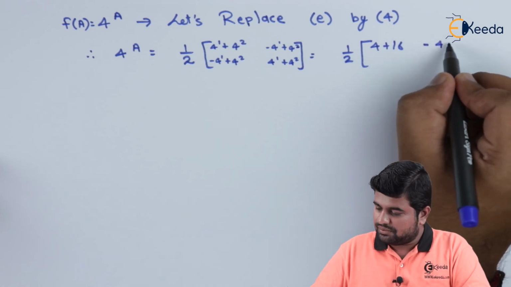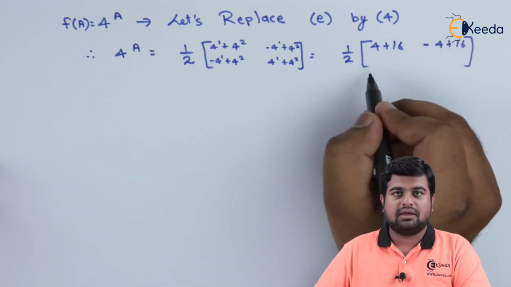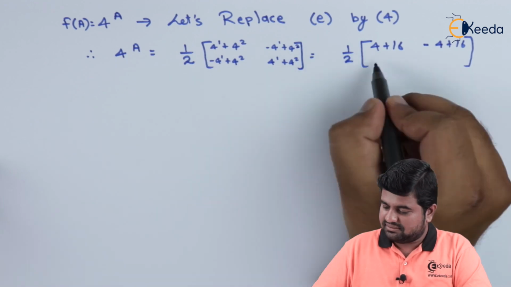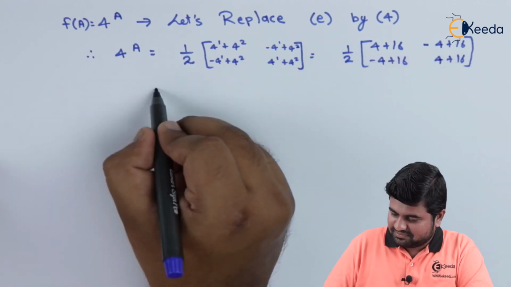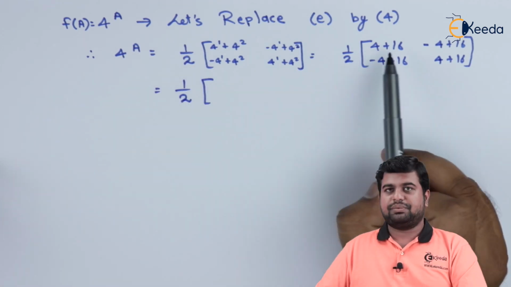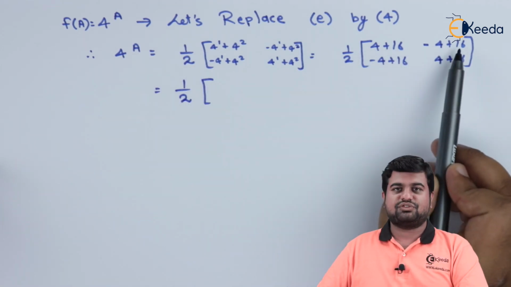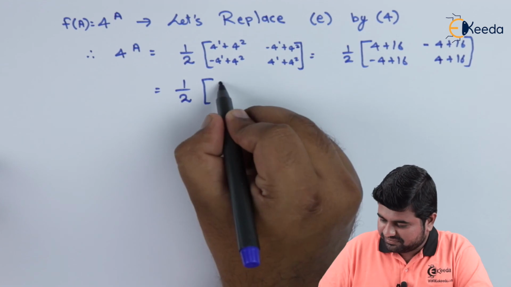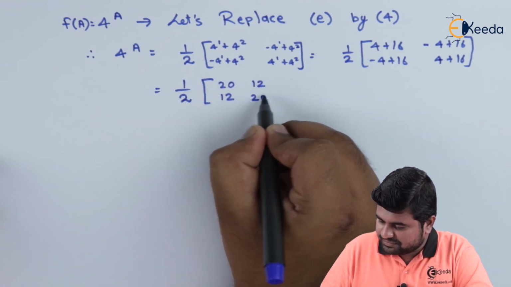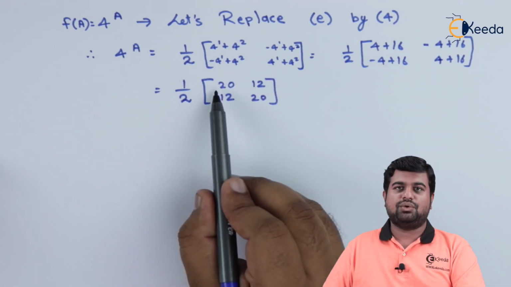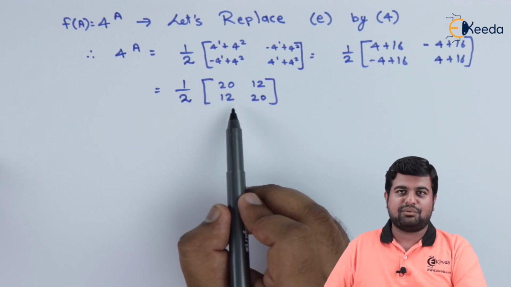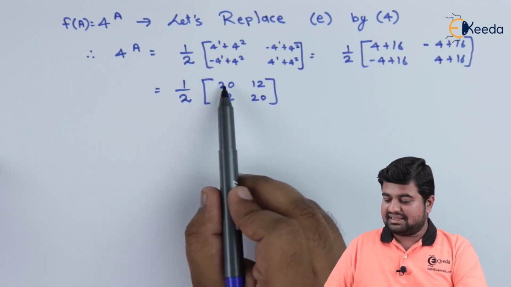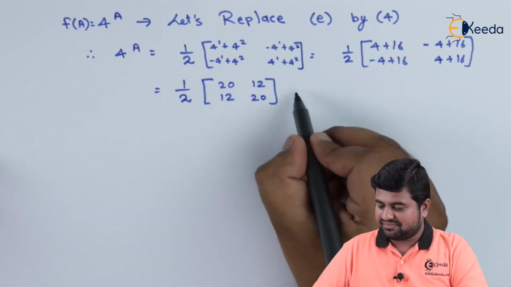Minus 4 plus 16, minus 4 plus 16, and 4 plus 16. So 4 plus 16 is 20 and minus 4 plus 16 is 12. So 1 by 2 into 20, 12, all the elements will get multiplied by 1 by 2, and I'm going to get the answer as 10, 6, 6, 10.